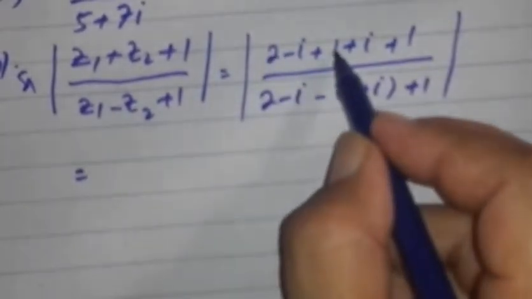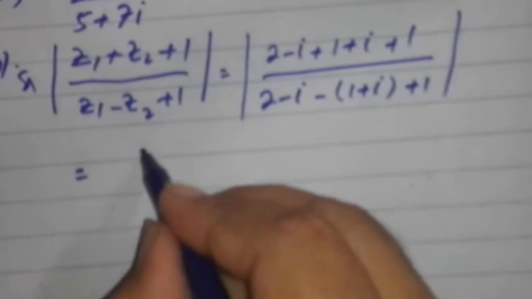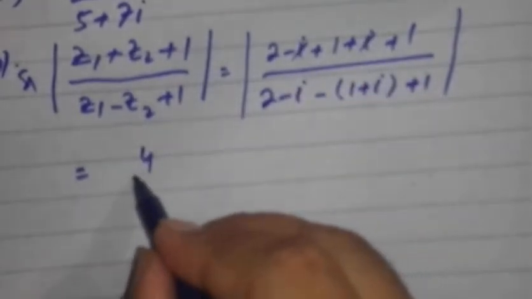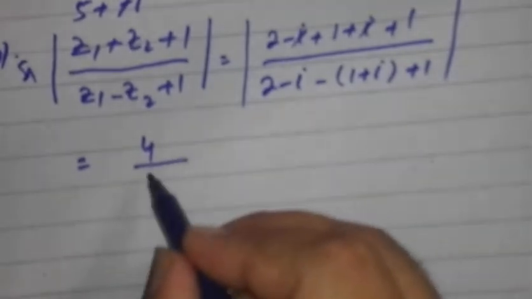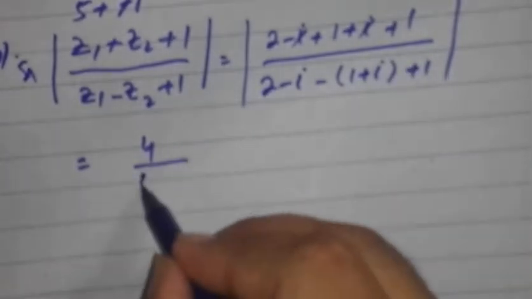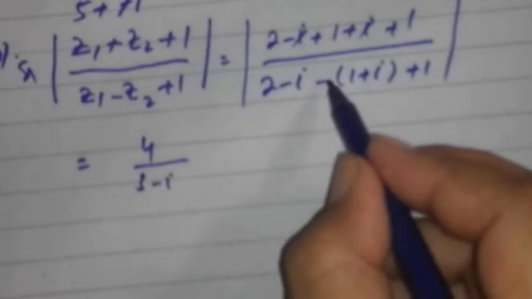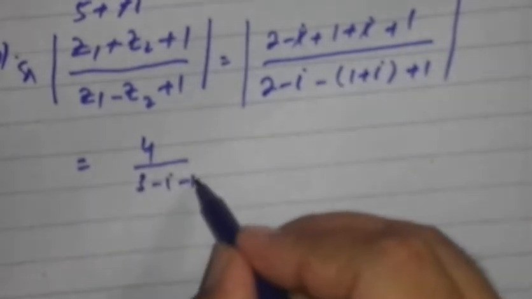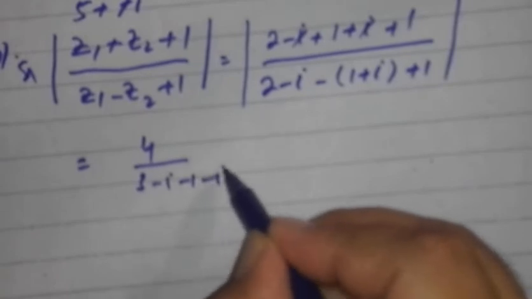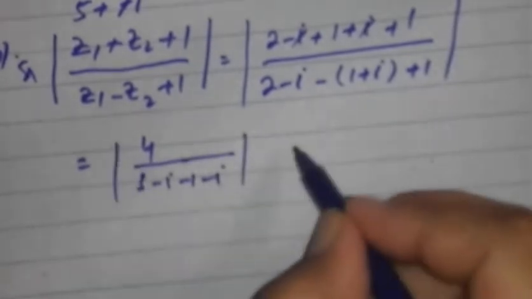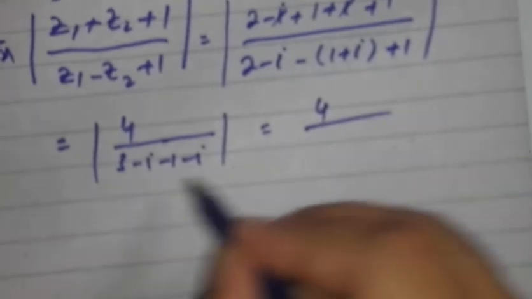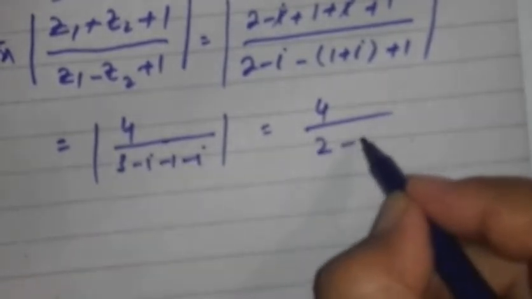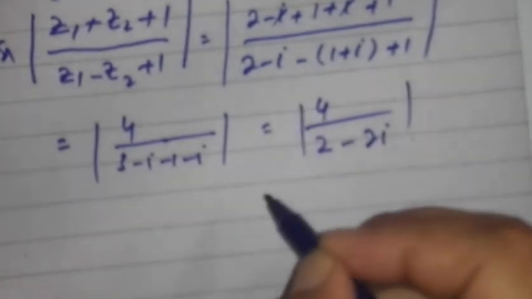Now 2 plus 1 is 3 and 1 is 4, and iota cancels with iota. Here in the denominator, 2 plus 1 is 3, minus 1 is 2, minus iota, and minus iota we get minus 2 iota, whole absolute.